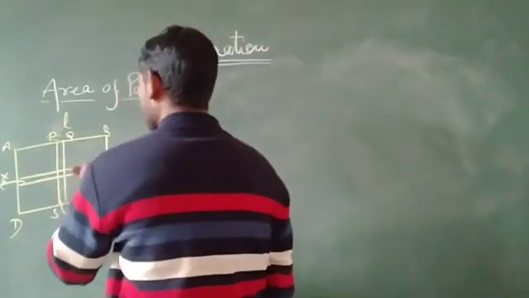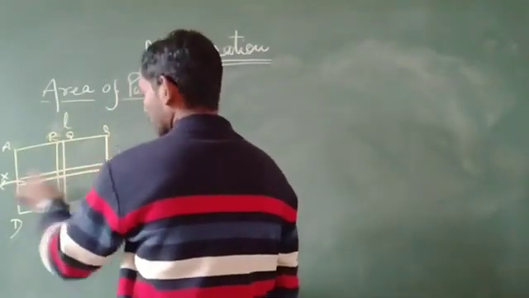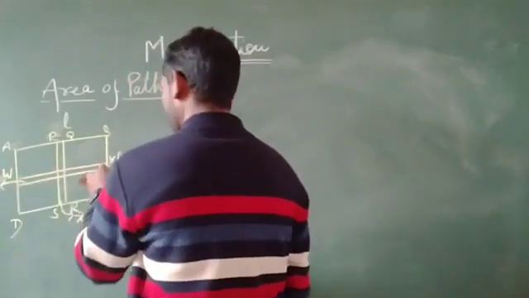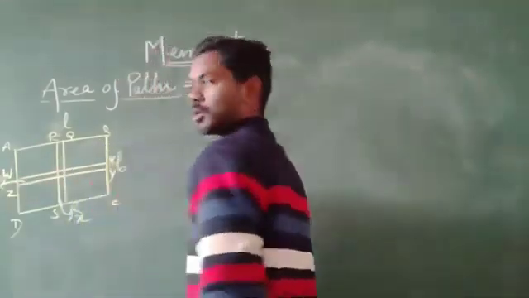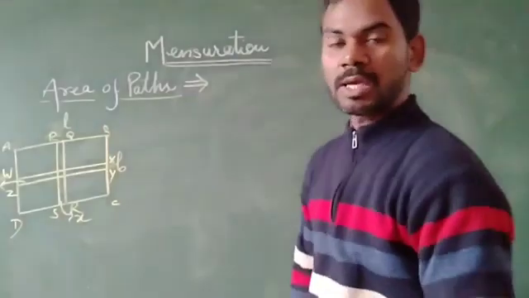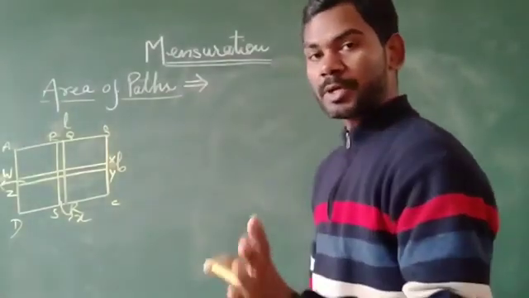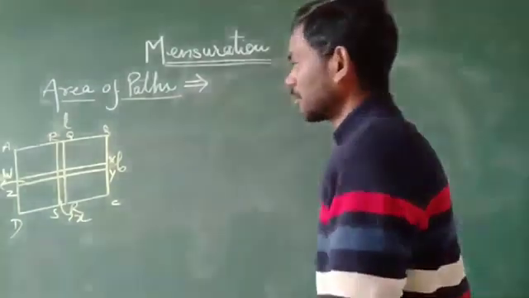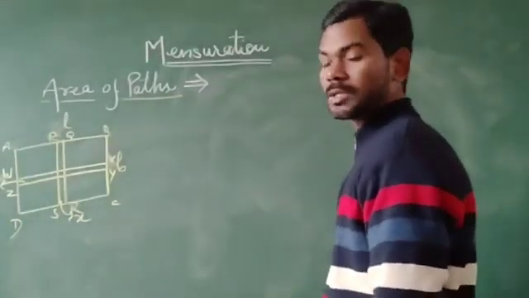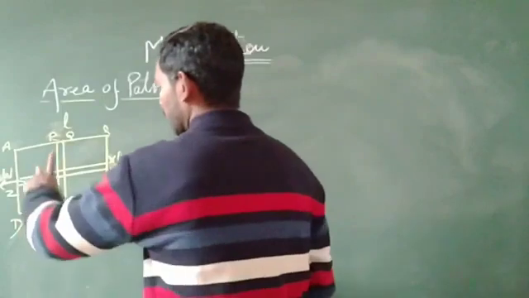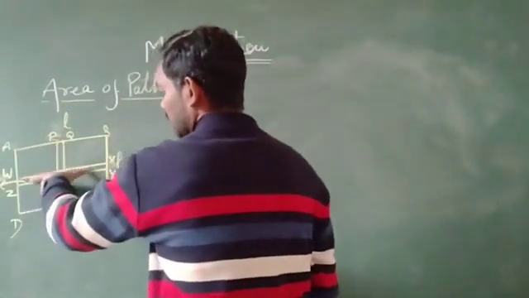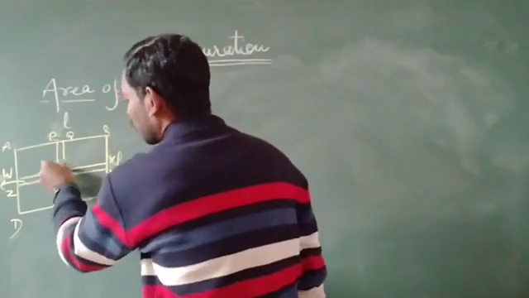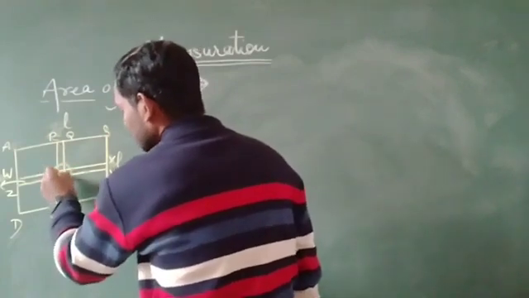Similarly, WXYZ is also a rectangle having the length as L and the breadth as x. So in order to find the area of the path, we find the area of these rectangles, and here we can also see that there is a common area.